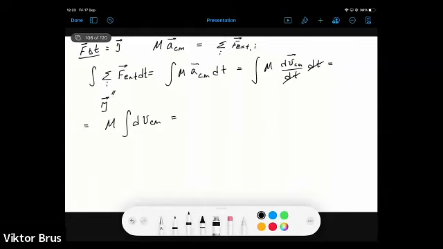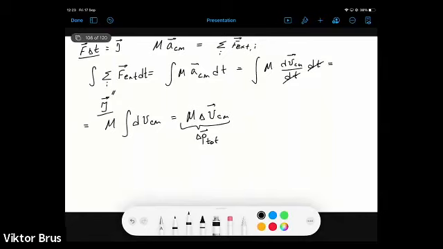Eventually we will get total mass times delta v center of mass. So this is delta p total.